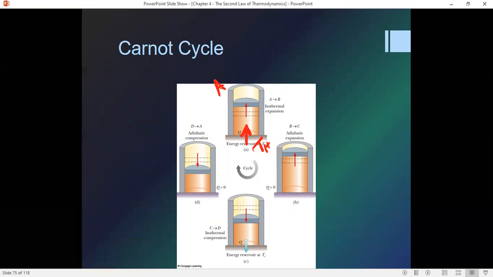Then from B to C, we would have no contact with any reservoir. Then we put it in contact with the cold reservoir and compress it. And then again, adiabatic compression. So those would be the four steps.